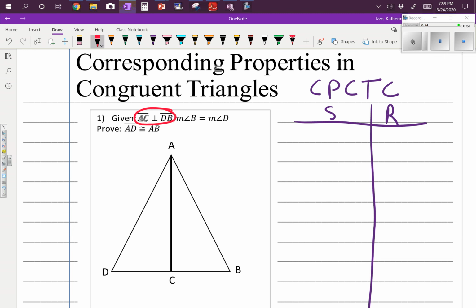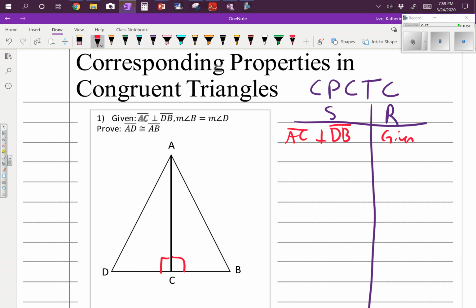We've got AC is perpendicular to DB. AC perpendicular to BD. That's a given. So AC and DB are perpendicular, which means we're going to get some angles.